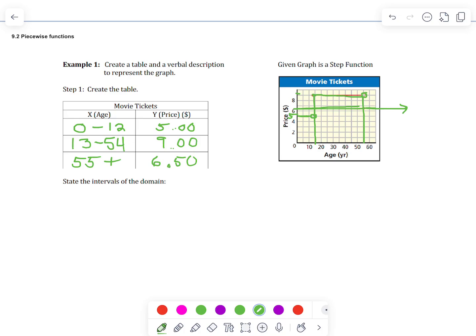So we're going to state the intervals for the domain. So we'll say 0 to just before 13 is anyone from 12 and younger.